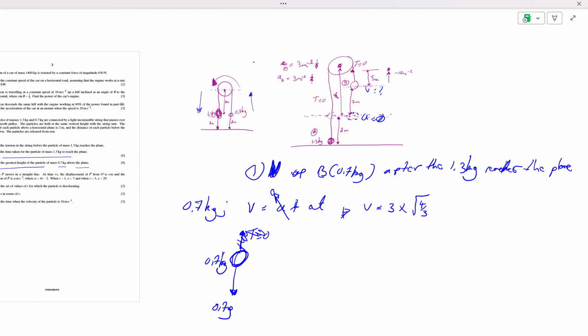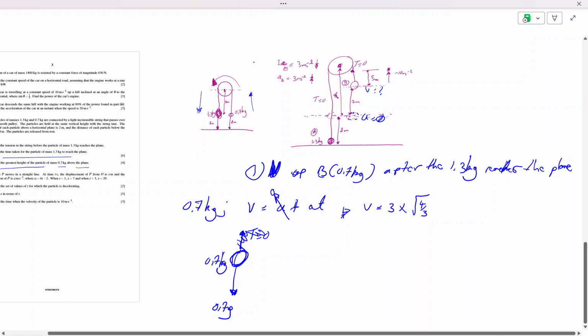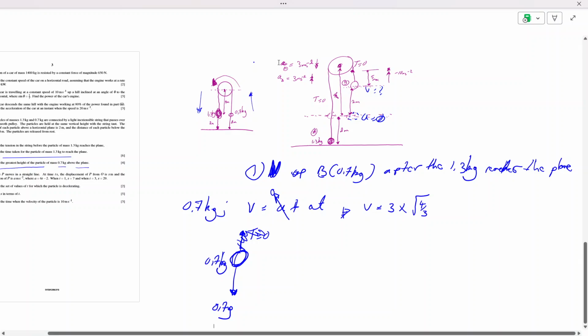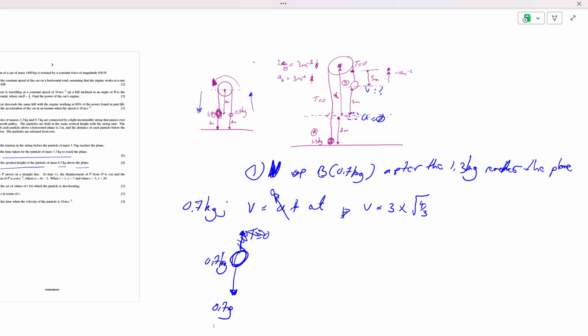So I'm going to calculate s max using a SUVAT equation again. Remember, it's now in free fall, so the acceleration is going to be -10, moving up.